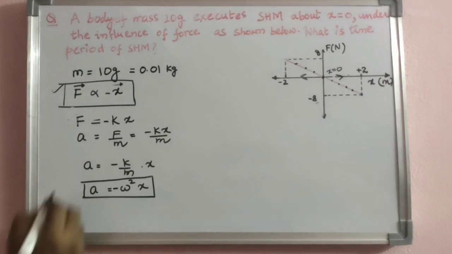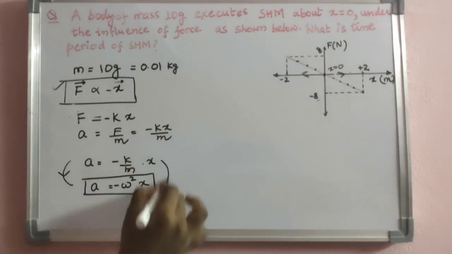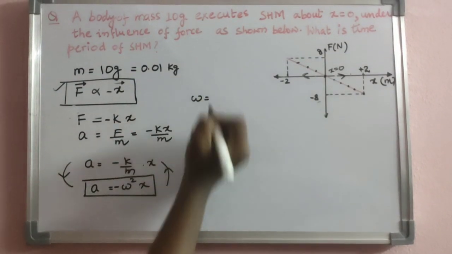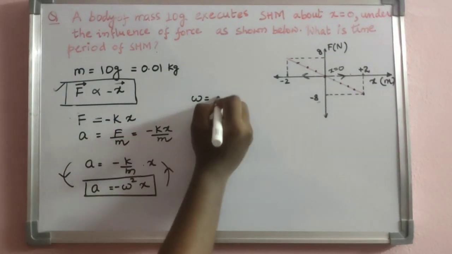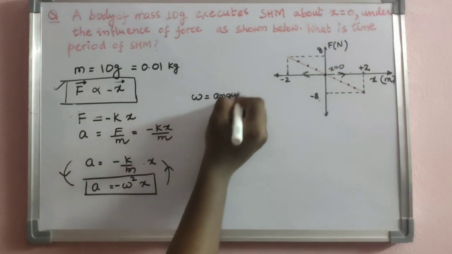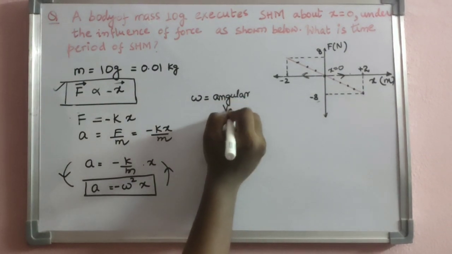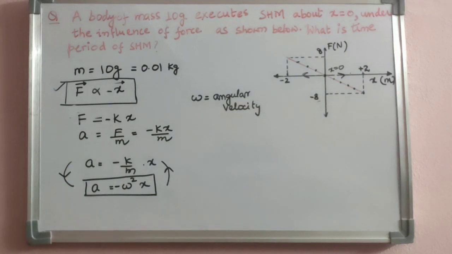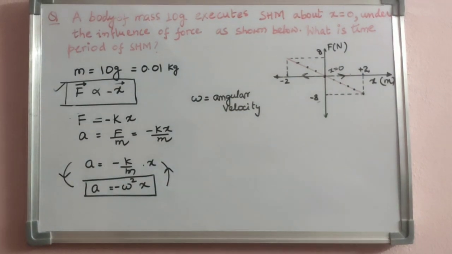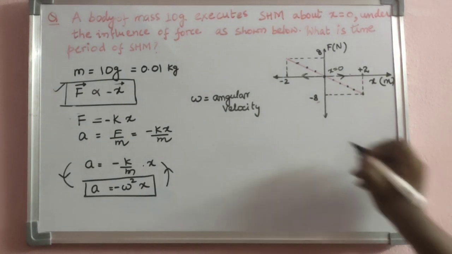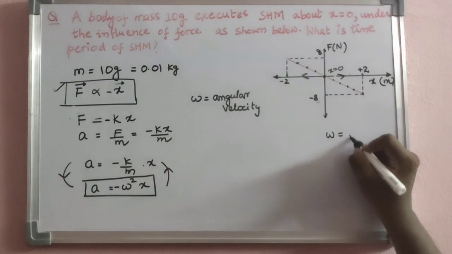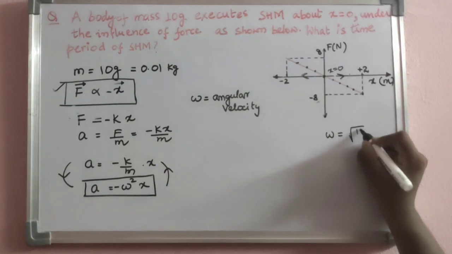If we compare these two, what can we say about omega? Omega is angular velocity, and x is displacement. Comparing the two, we can say that omega is equal to under root of k by m.